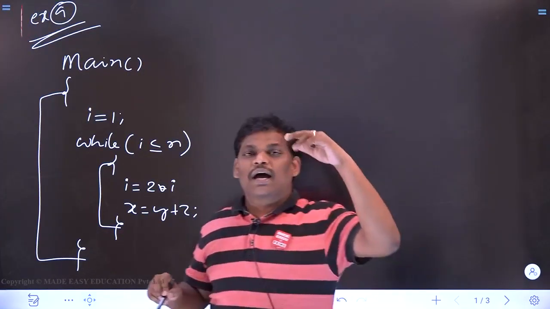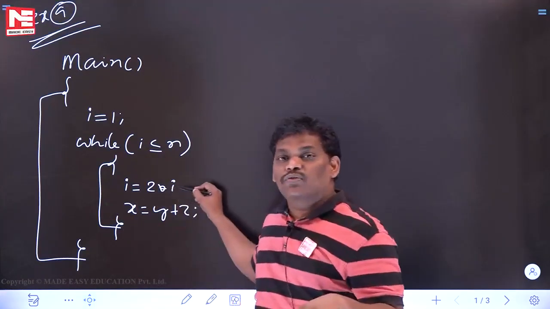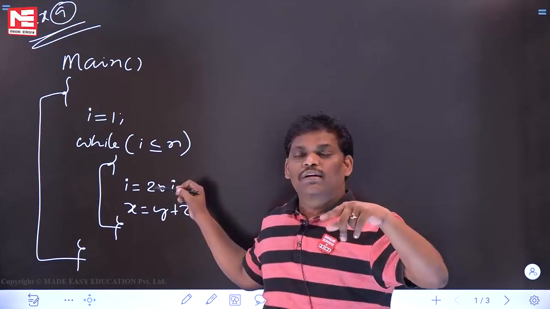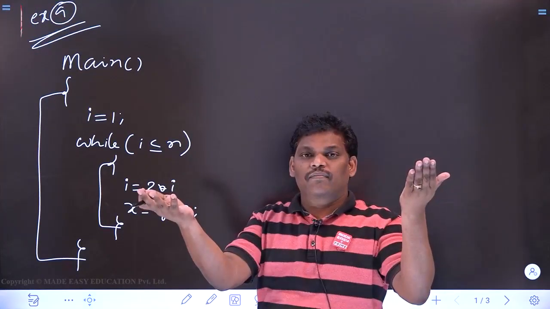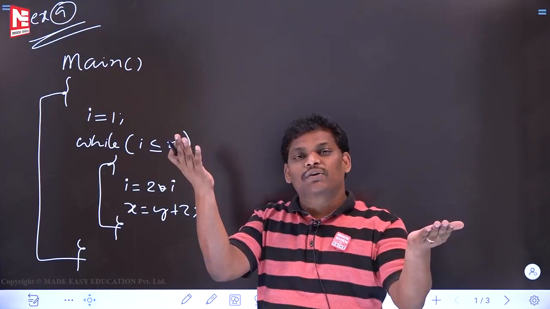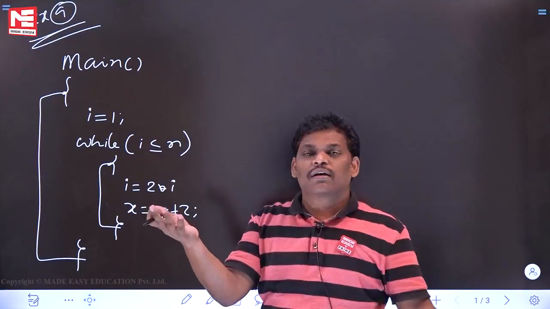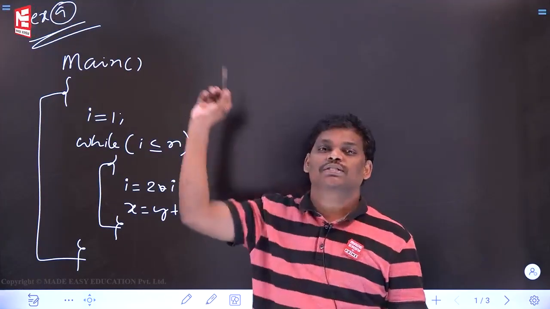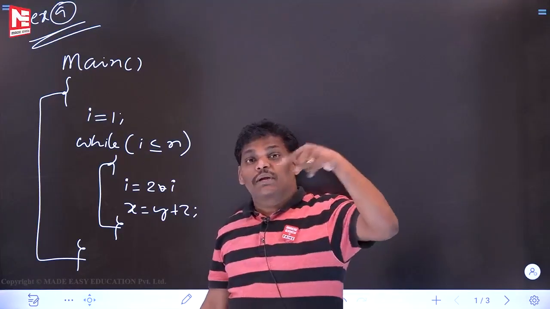You only said I value 1000, 1000 plus 2 is 1002. But here I value 1000, 1000 into 2 is 2000. Who is growing, I plus 2 or 2 into I? I plus 2 is also incrementing, 2 into I is also incrementing, but I plus 2 increments slowly. 2 into I increments much faster.